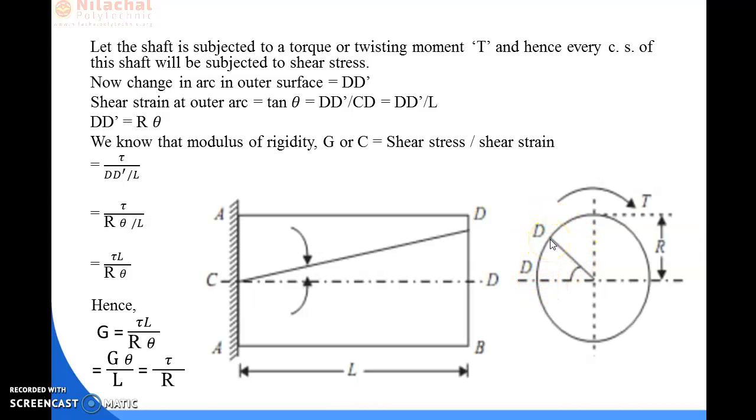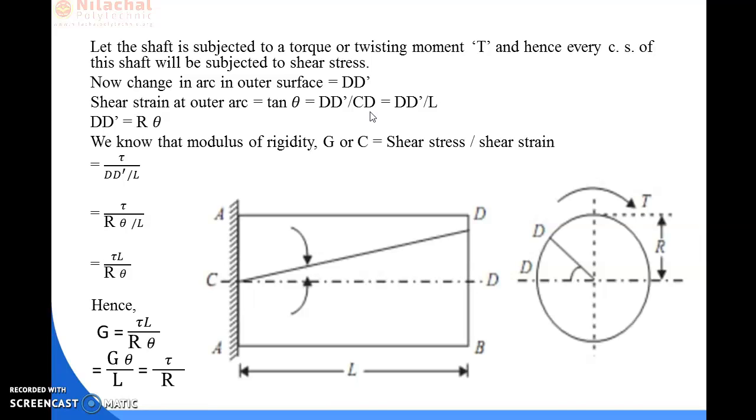So this is the displacement, or you can say the deformation due to the torque. So the deformation or the change of dimension is D D dash, and the shear strain at the outer arc is D D dash divided by CD.